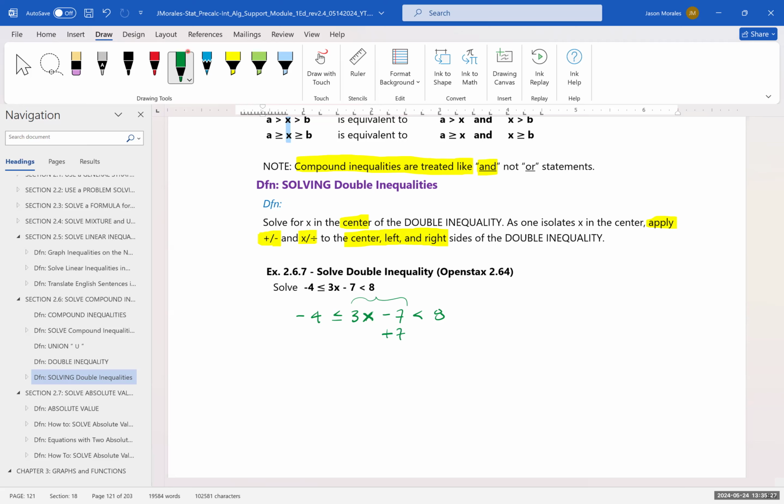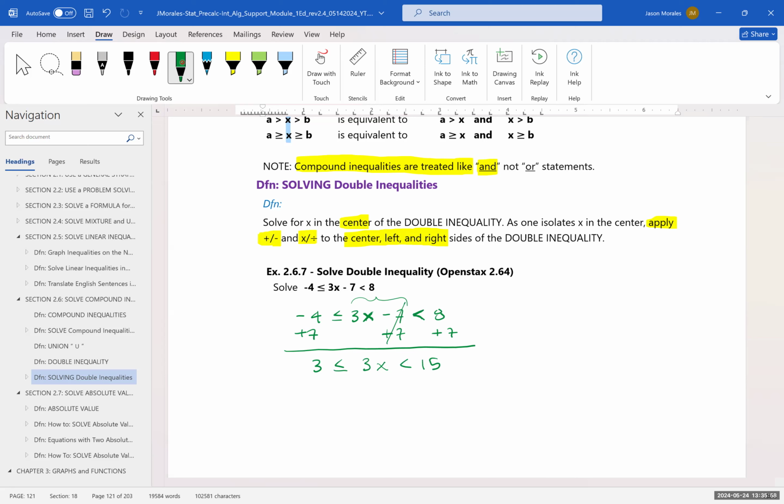But we don't just add 7 to the right-hand side, we also add 7 to the left-hand side. In the center, that adds to 0. On the left-hand side, we've got -4 plus 7, which is +3. In the center, we're left with just 3x, and on the right-hand side, 8 plus 7 is 15.